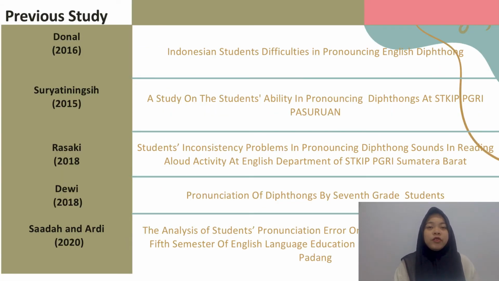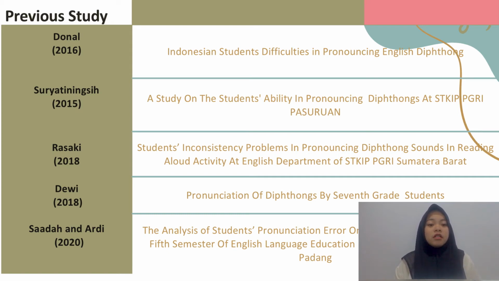And next, previous studies. There are five previous studies in this research. The first is the research of Donald, 2016, who researched Indonesian students' difficulties in pronouncing English diphthongs at the University of Pasir Pangarayan.